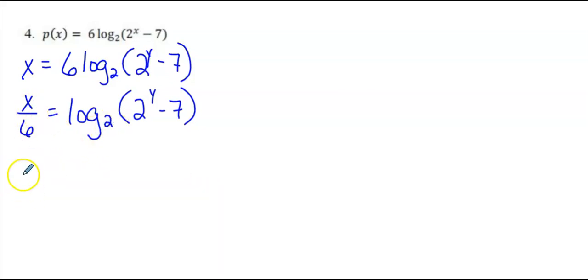So 2 to the x over 6, okay, yep, 2 to, this is the exponent, equals this. Okay, so now I need to add 7 to both sides.